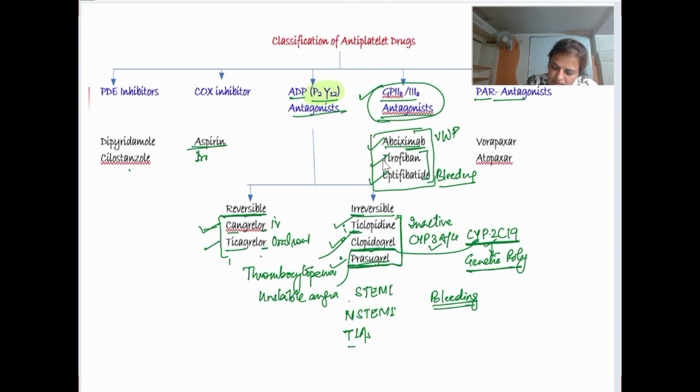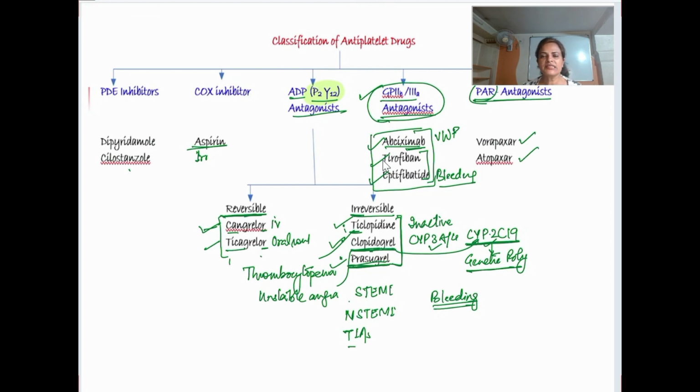So thrombin also causes the platelet aggregation and activation. So if we are going to inhibit that, we can give this thrombin receptor antagonist. This acts through this receptor PAR. So we are using PAR antagonist. The important drugs are Vorapaxar and Atopaxar.